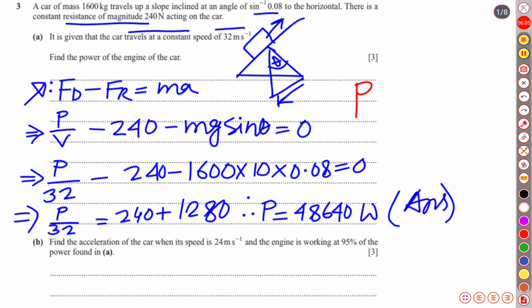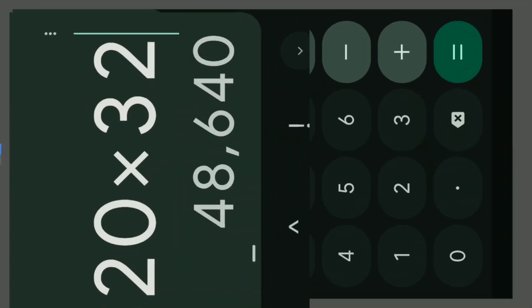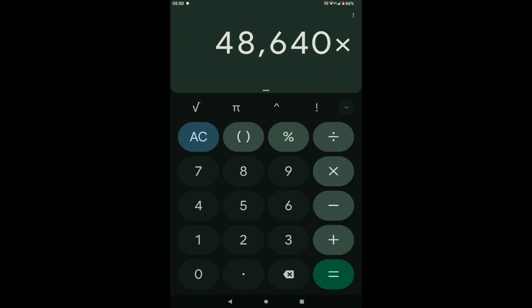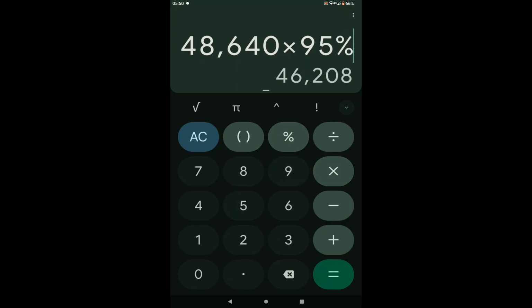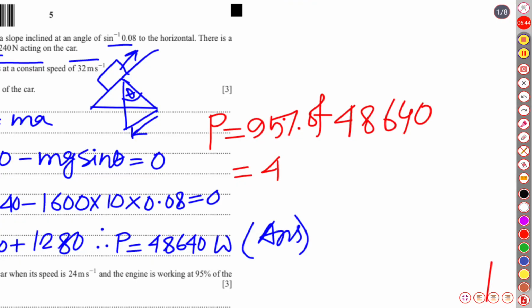P is equal to 95% of 48640, which equals 46208 watt. This is the power we are going to use now.